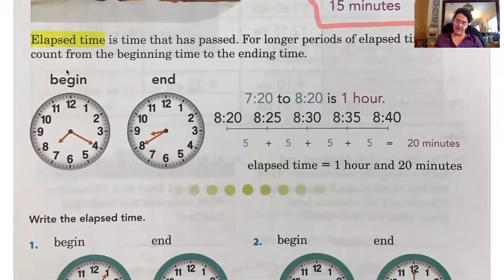We have 7:20 to 8:20 is 1 hour. Everybody knows that, right? But our clock here reads 7:20, and this clock reads 8:40. So we know we have an hour to here, and how much more time is from 8:20 to 8:40?